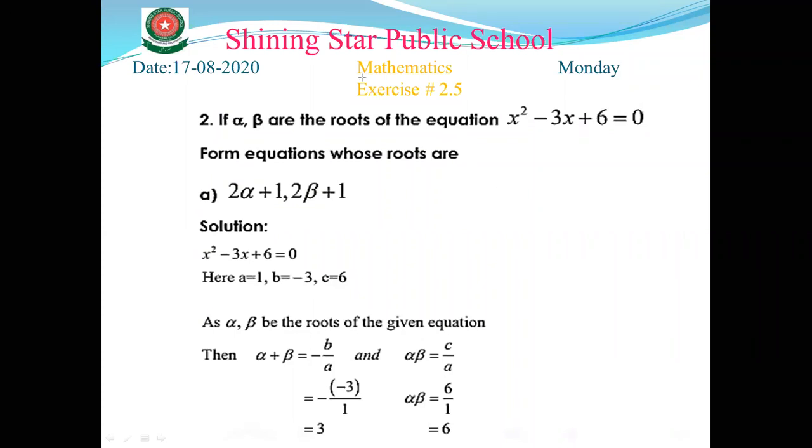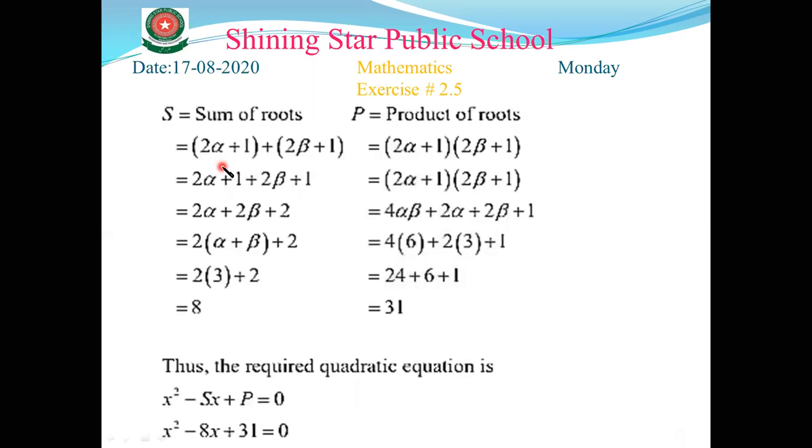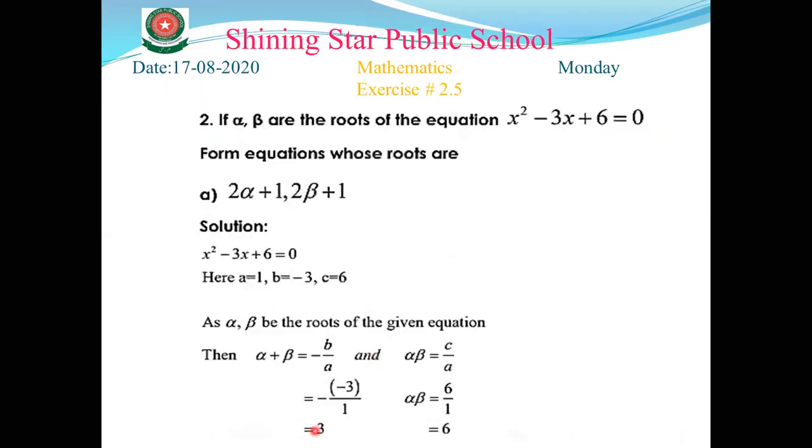So when we find the sum of the roots, 2 alpha plus 1, 2 beta plus 1 is 2 alpha plus 2 beta plus 2. Take the common 2, it becomes alpha plus beta. So alpha plus beta is 3 and alpha beta is 6. We use these values.